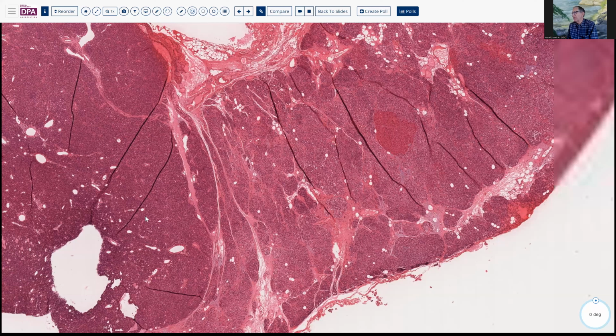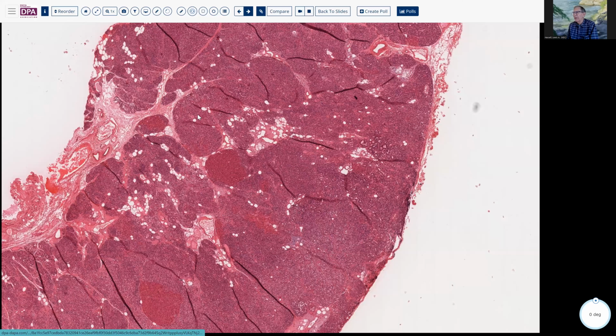So that criterion can be a little bit difficult at times to handle. But with that said, let's take a look at another example. Oh, excuse me. Let's go on to parathyroid carcinoma.